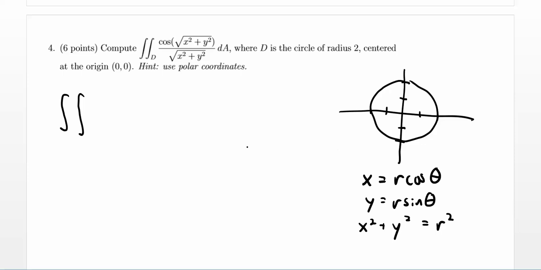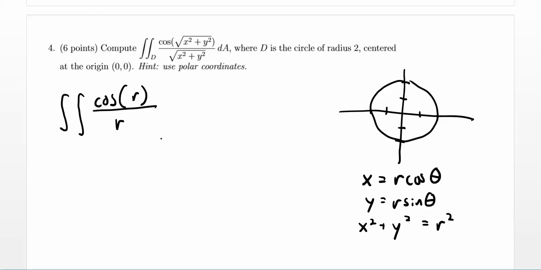Well, this makes this problem incredibly convenient because x squared plus y squared is just r squared, so we'll plug that in. Cosine of the square root of r squared is just r. That's real nice. On the bottom, same thing, square root of r squared, which is just r.